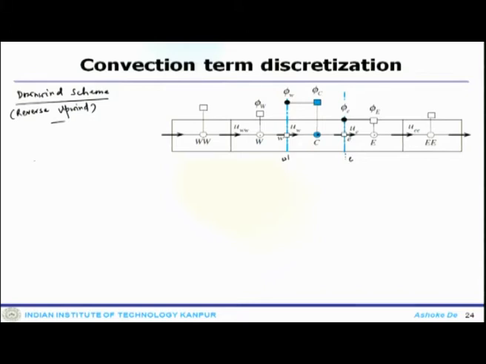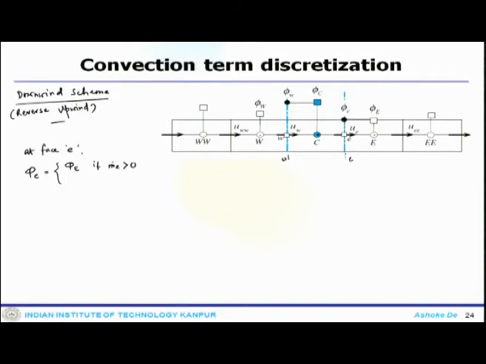For example, at face E, phi E is going to be phi E if m dot E is greater than 0.